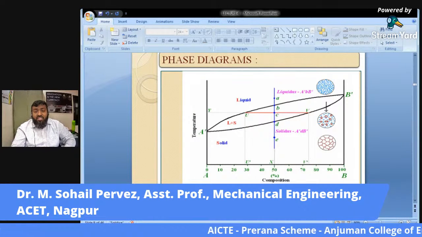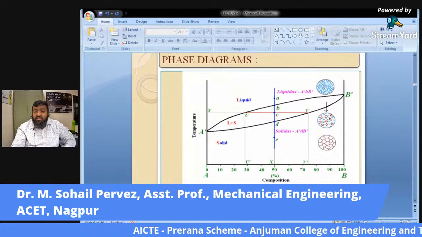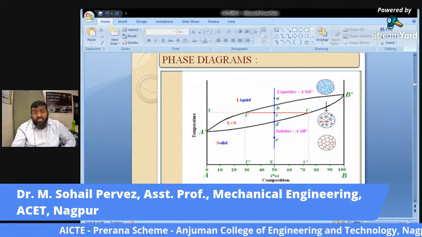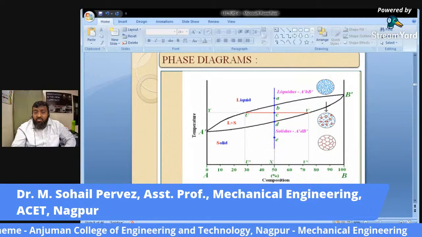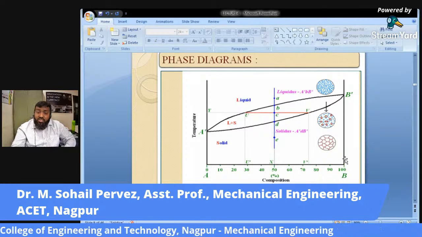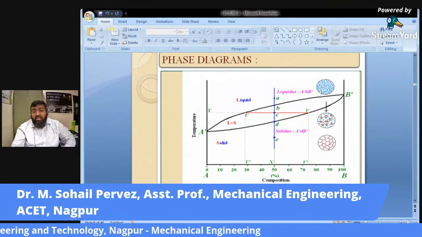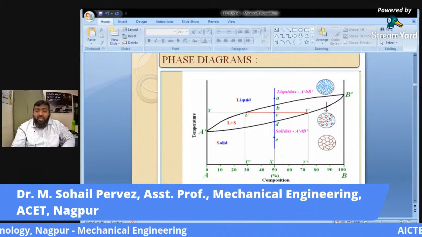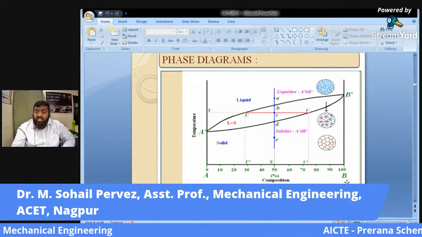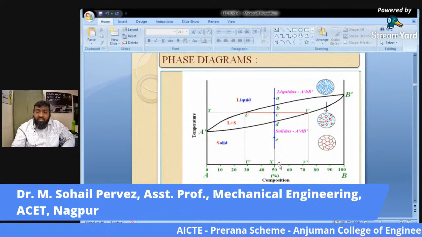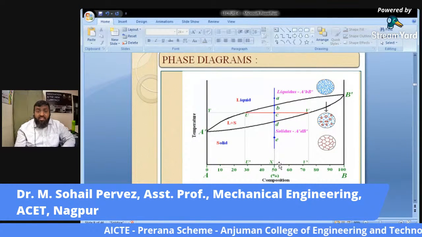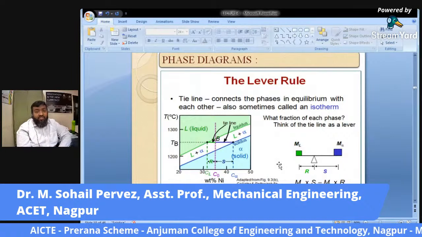V dash is nothing but mass fraction of B in solid phase. U dash is in liquid phase, and CO, say at this X. This is CO, mass fraction of B in A. Because A will be there, but we want to study the composition of B in A. We want to see the phases. So we'll apply the lever rule here.